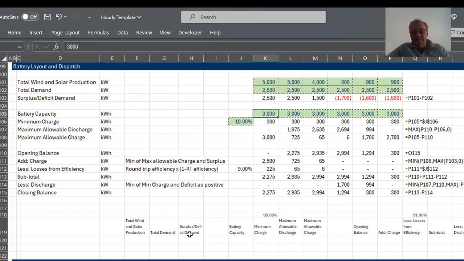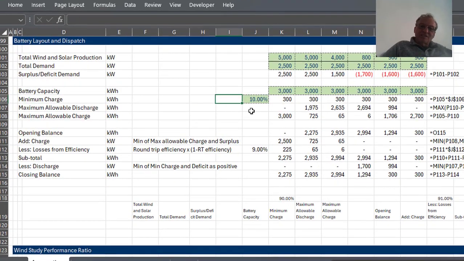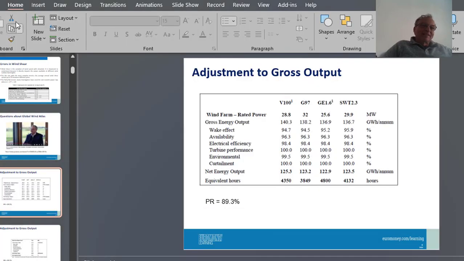Okay, just one second. Where was I? Now, after we put the capacity in, we need to have some kind of data on the minimum charge.